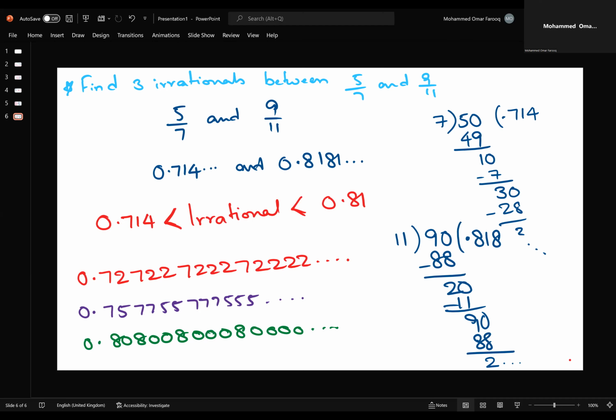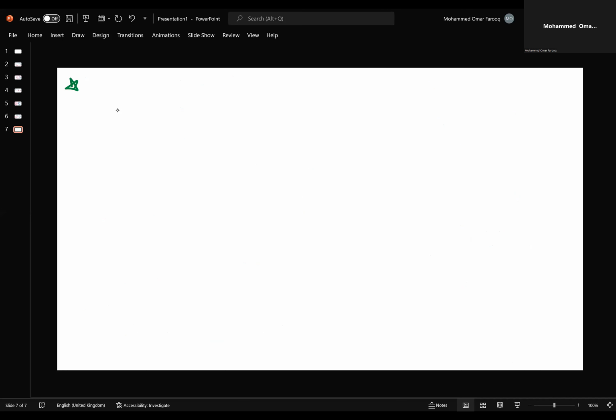Does everybody know how to represent it? Anybody have doubt? For example, represent 2/7 on the number line.